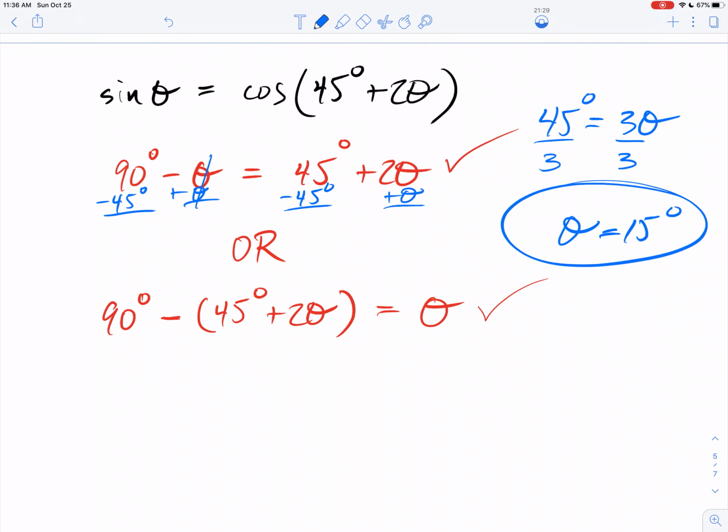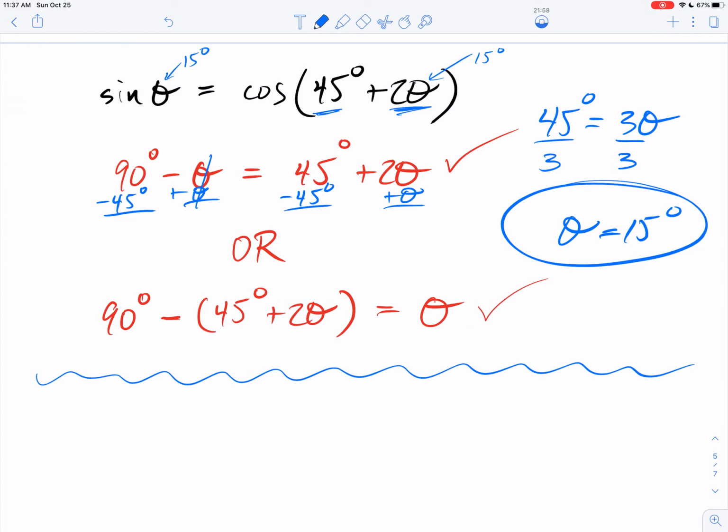Now I can verify it right away. If I put 15 degrees here, sine of 15 degrees should equal cosine of 75 degrees. Well, plug it back in. What's 2 times 15? That's 30. 30 plus 45. Bam! That would be cosine of 75 degrees. It's totally true. It's a valid answer.